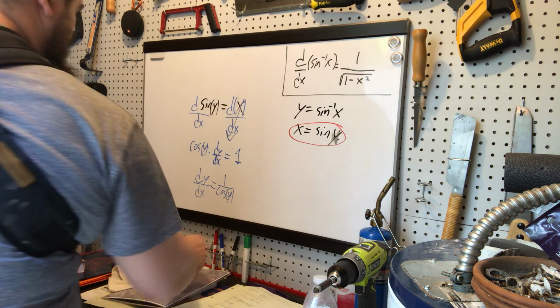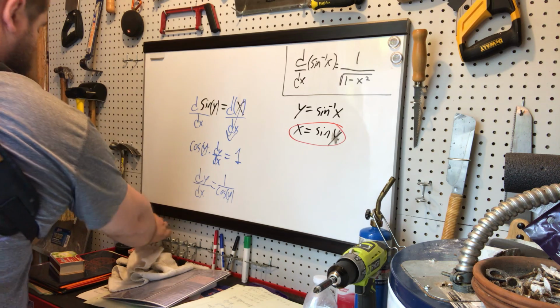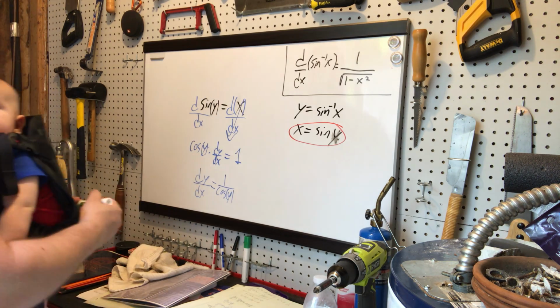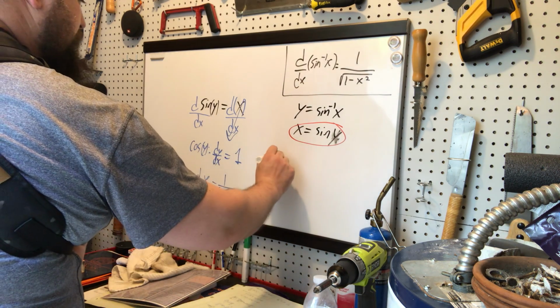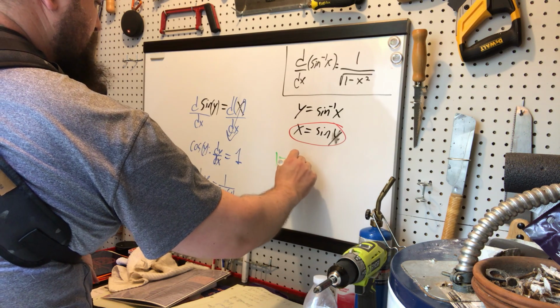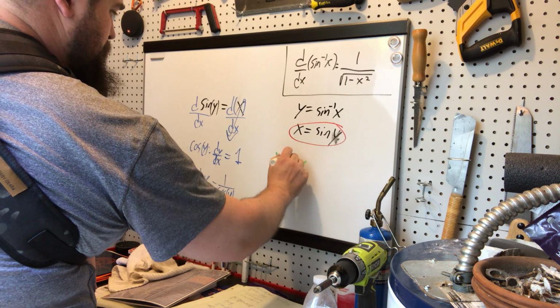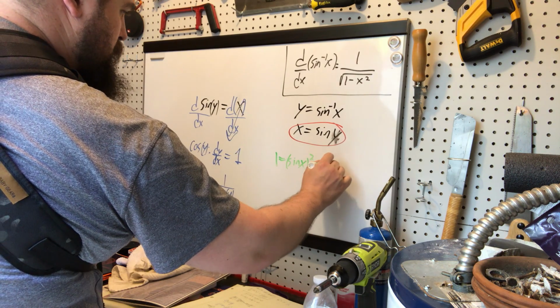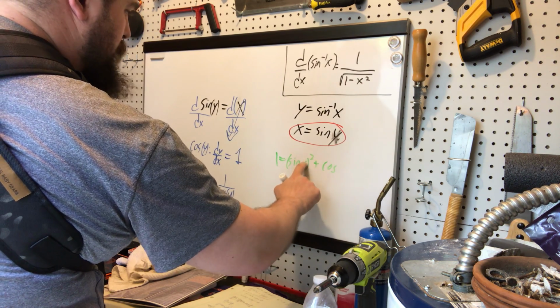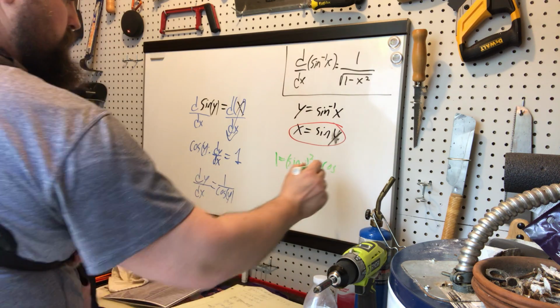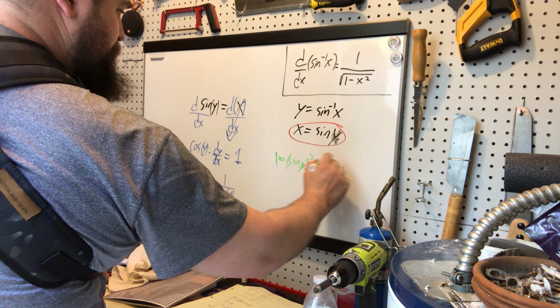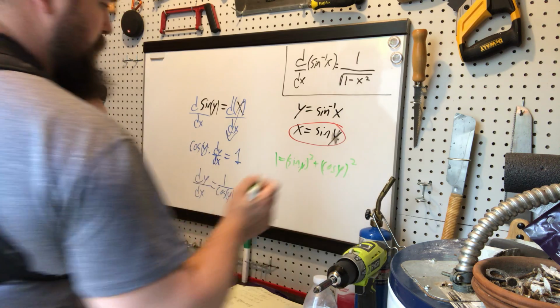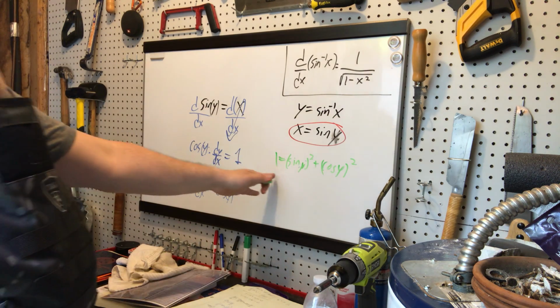This is going back to the trig identities, and luckily this is one of your easy trig identities to remember. It's simple: 1 is equal to sine squared plus cosine squared. In fact, I'm going to do y: sine squared of y plus cosine of y, in parentheses, squared. And remember, this is equal to 1.